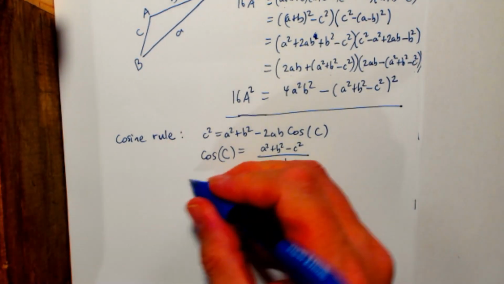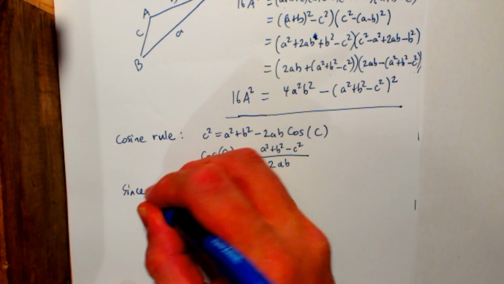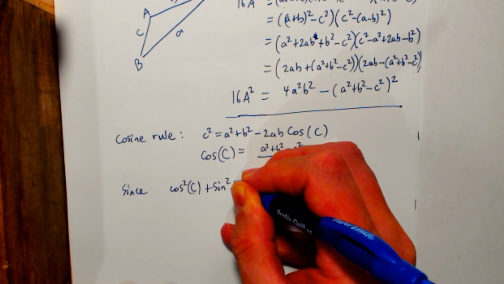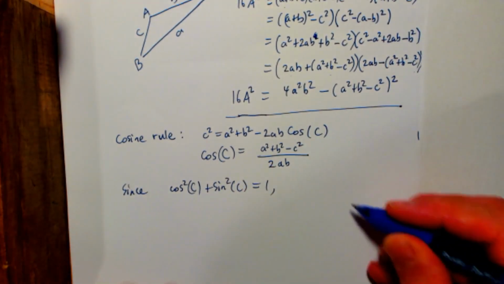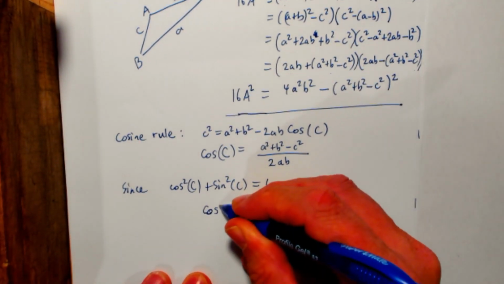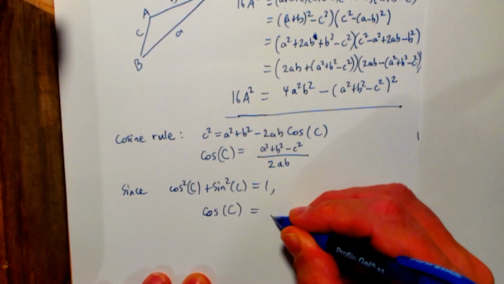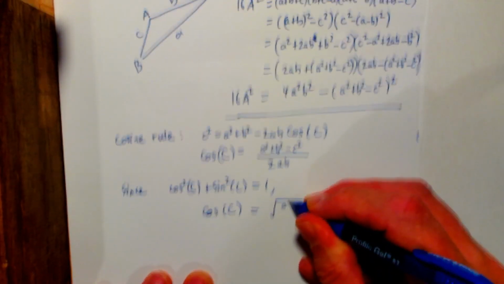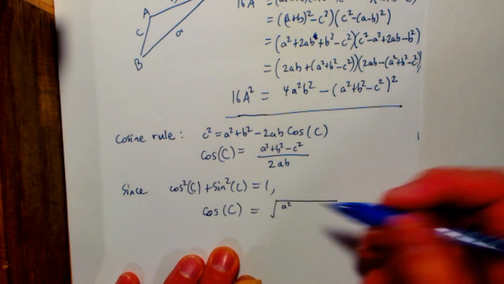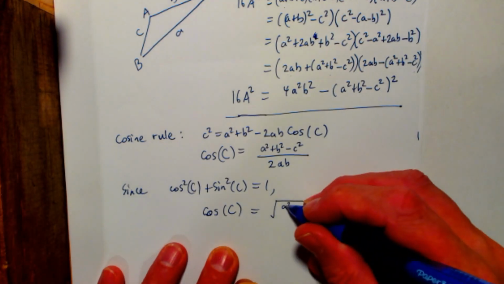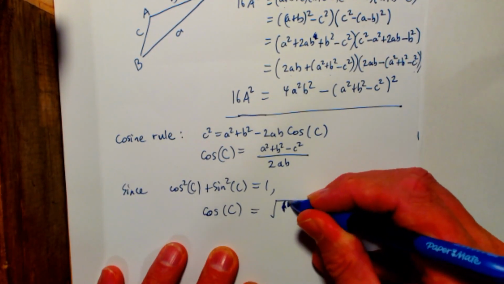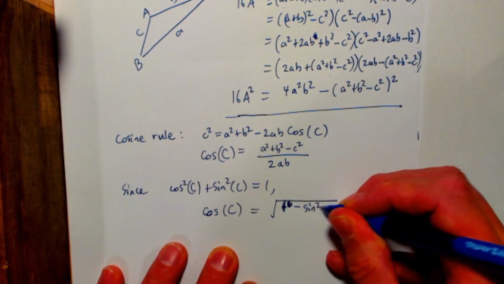Now since cos squared c plus sine squared c is 1, it follows that cos of c is the square root of 1 minus sine squared of c.